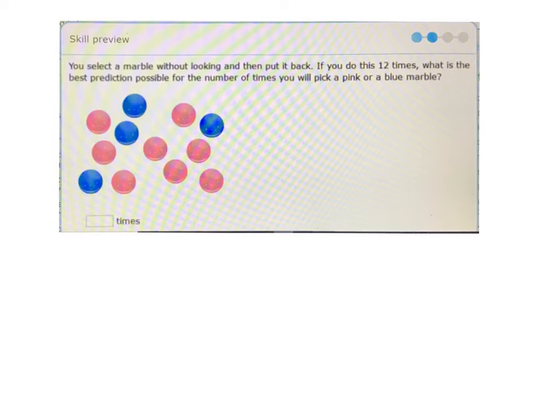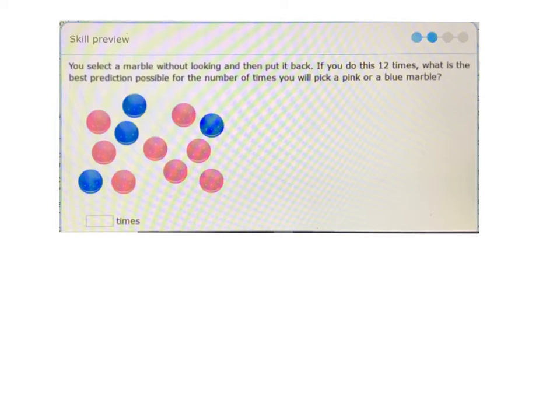This example says, you select a marble without looking and then put it back. If you do this 12 times, what is the best prediction possible for the number of times you will pick a pink or a blue marble?